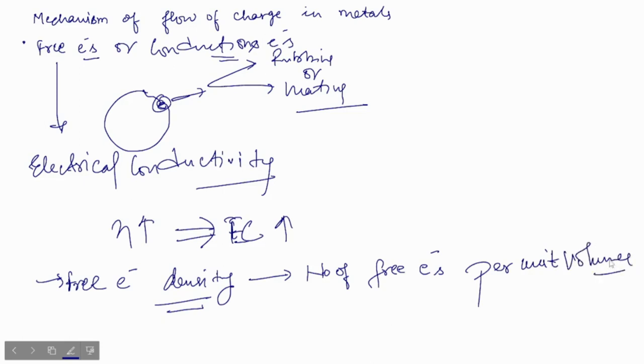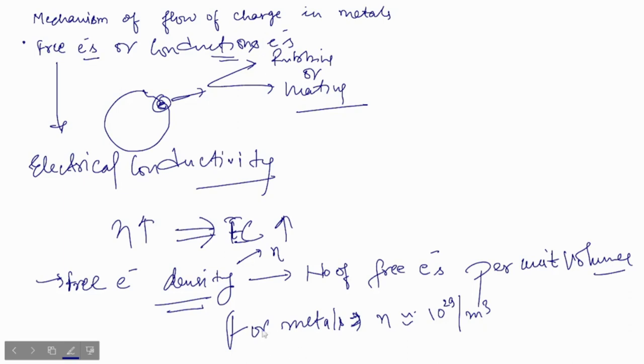This is called free electron density, and it is represented by N. For metals, free electron density is approximately 10 to the power 29 per meter cubed. Means 10 power 29 free electrons per unit volume.